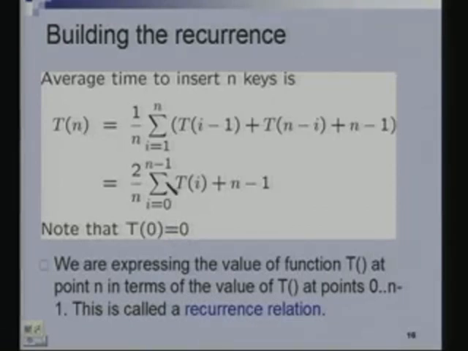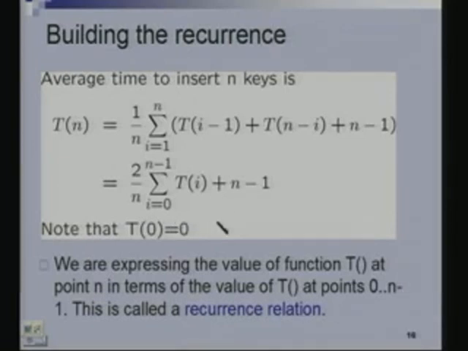T of 1 equals 2 over 1 times t of 0. T of 0 is 0, so this term goes away. So 1 minus 1 is 0, so t of 1 is 0, which we just argued.